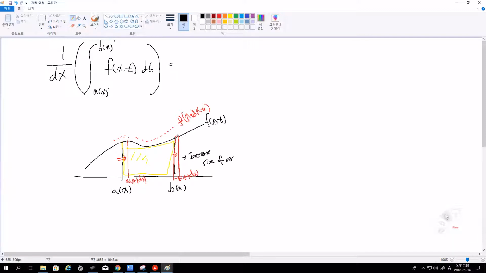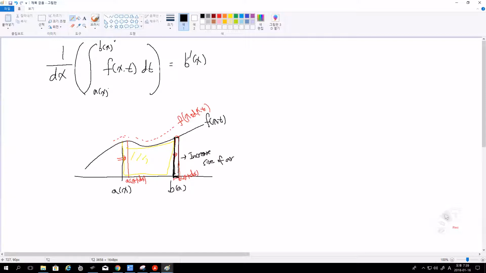So how much? By this amount, right? And the height is this point. So basically, the change is by this amount, and this change is b prime of x.